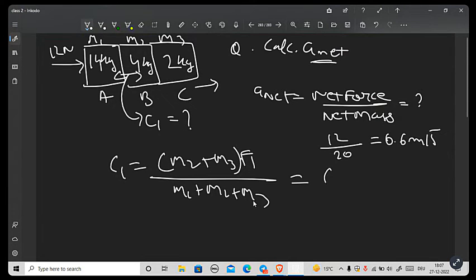It will be 6 into 12 upon 20, which is 3.6 Newton. So both the answers of Malini are correct.